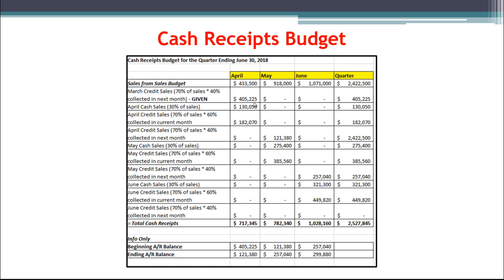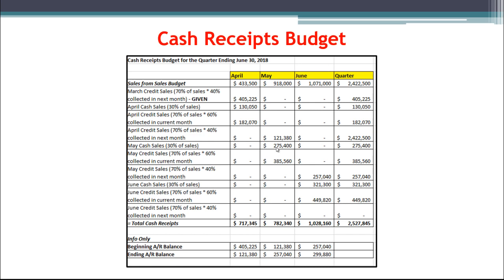April, 30% of April's sales are going to be cash sales collected in April. 70% of April's sales multiplied by 60% are going to be collected in April, with the other 40%, in other words 70% times 40%, collected in May.